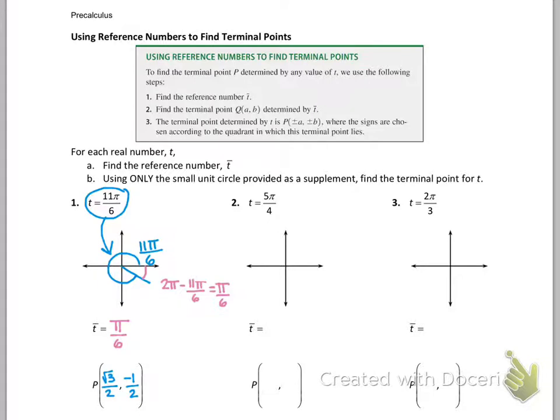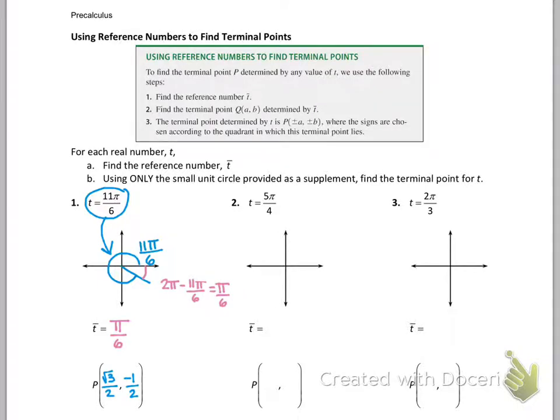The only thing then you need to consider is, are they positive or negative? Knowing based off of the graph in blue that it ends in the fourth quadrant, on your unit circle you go to pi over 6, which is root 3 over 2, comma 1/2, and then because we end in the fourth quadrant, the x value is positive, which it is, and then we have to go down, which means the y value is negative. So that's why it's root 3 over 2, comma negative 1/2.